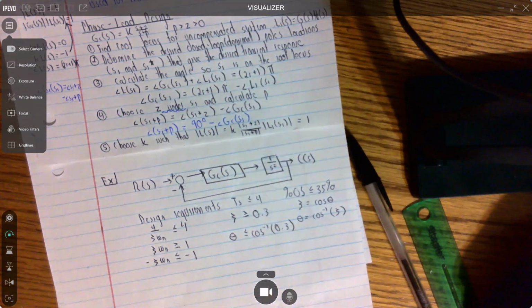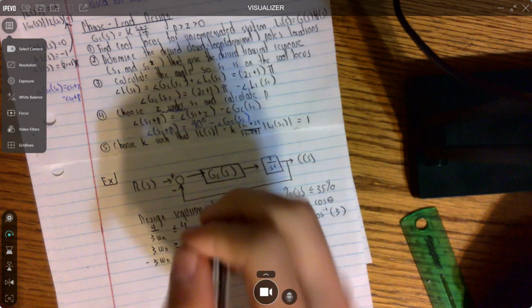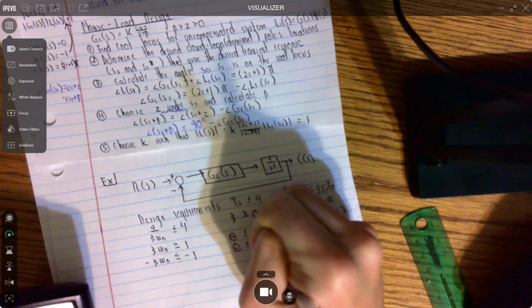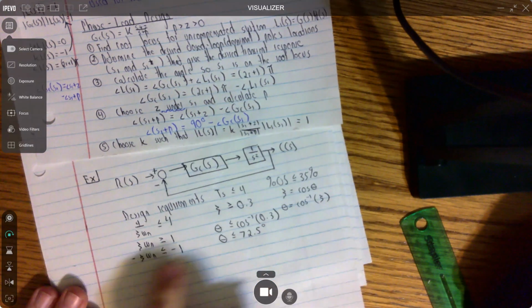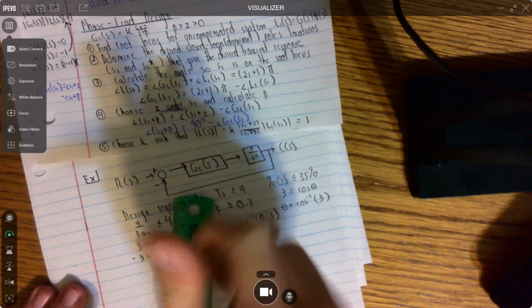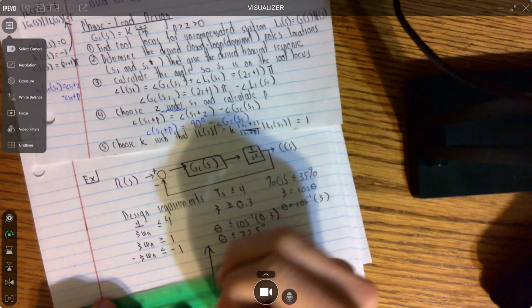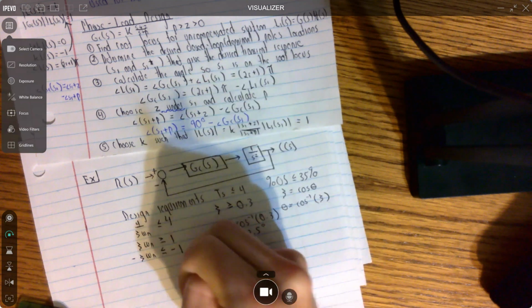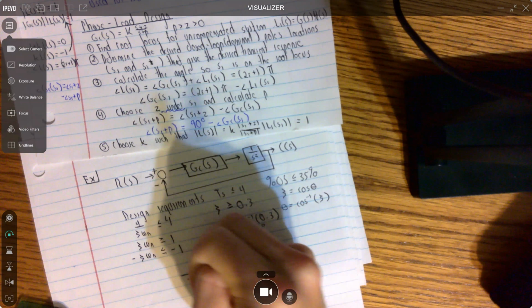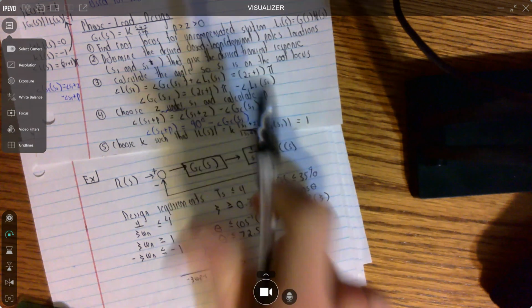And if you do this on your calculator, cosine inverse of 0.3, in degree mode, I get that theta needs to be less than or equal to 72.5 degrees. Okay, so those are just the requirements we have to meet. So if we plot this real quick, remember your negative zeta omega n here is -1. So let's just say that's right about here.